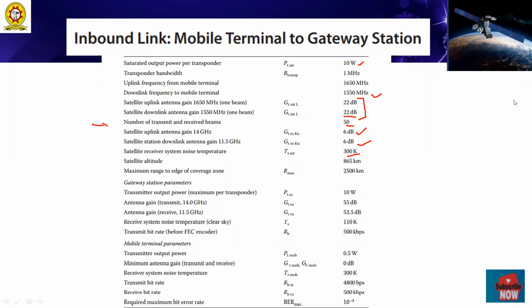Previously we had only 3600, and here the bit rate is improved to 4800. You have to catch up on that type of key numerical values, and understand the difference between this budget sheet and the previous one.